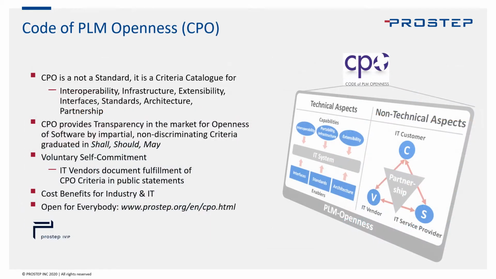And then also the Code of PLM Openness. This used to be called, I think, the Codex of PLM Openness, but this is establishing a baseline of interoperability that we want and that everyone in industry wants the suppliers of the software to provide. And that might be basic export and import functionality, the ability to save data out or in and have good access to that data.